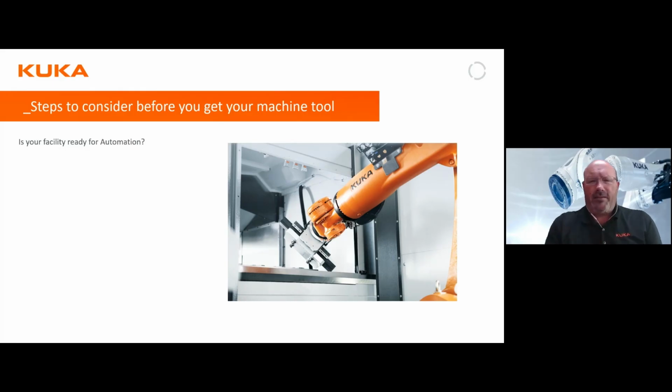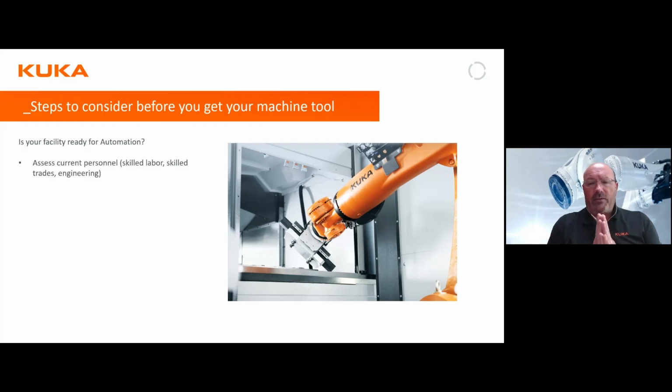So let's start the discussion around steps to consider before you even get your machine tool, with the question of your readiness. Is your facility ready for automation as it applies to your employees? A good place to start is through assessing the current skills of your skilled labor, your trades, your engineering team.